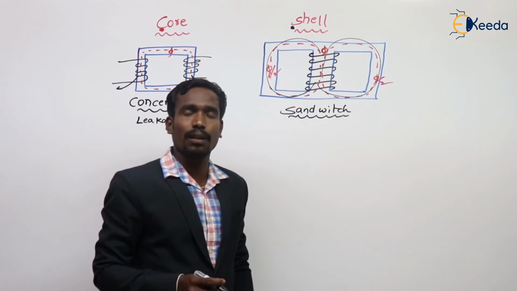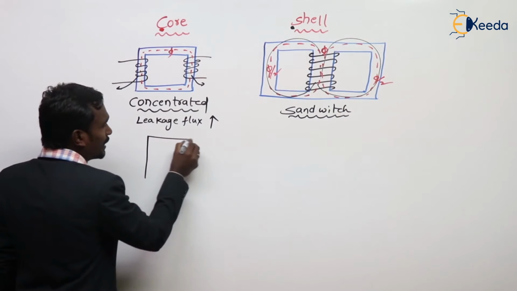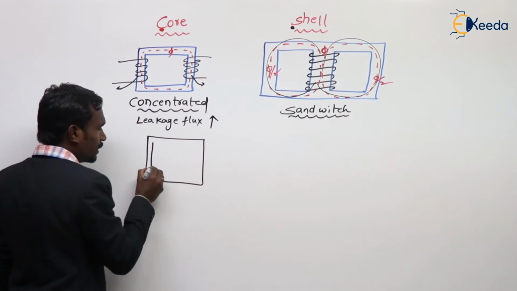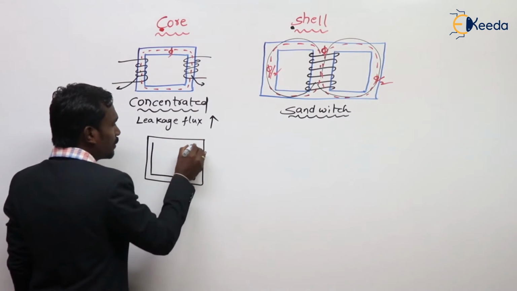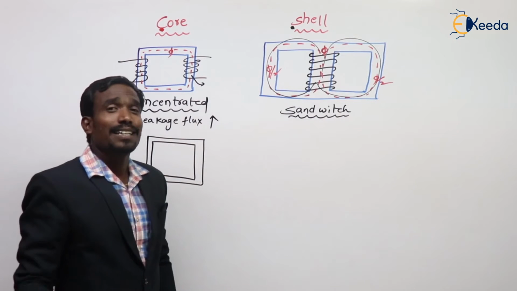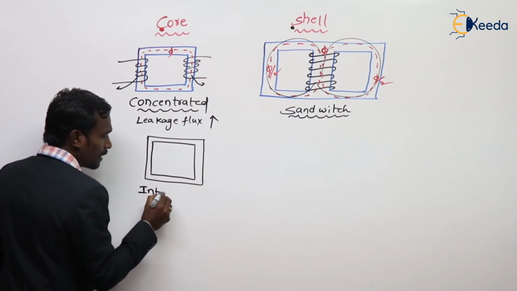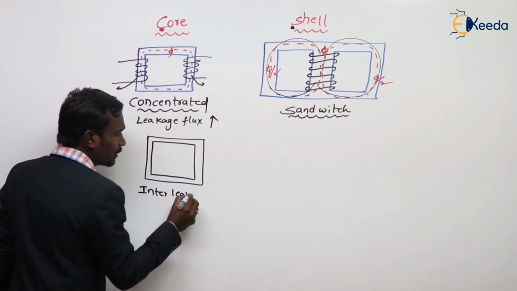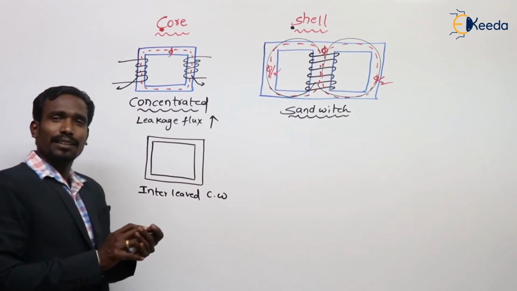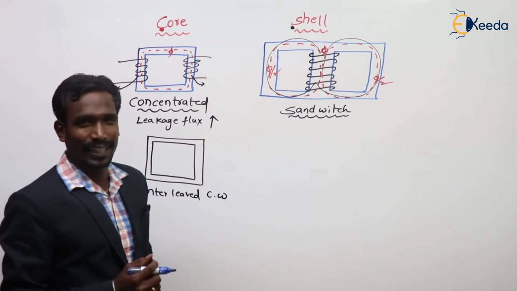How can we overcome it? To overcome this disadvantage, nowadays we are using interleaved concentrated winding.